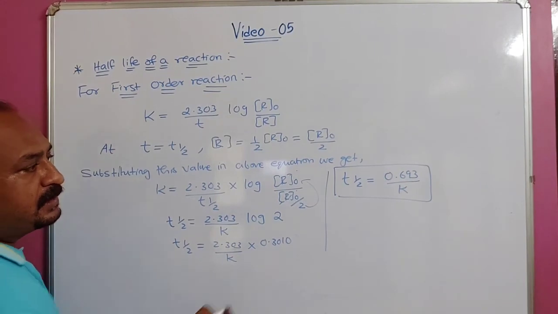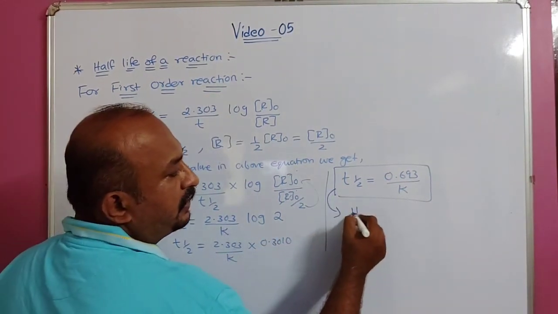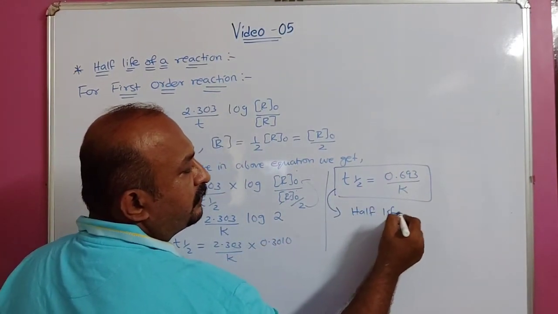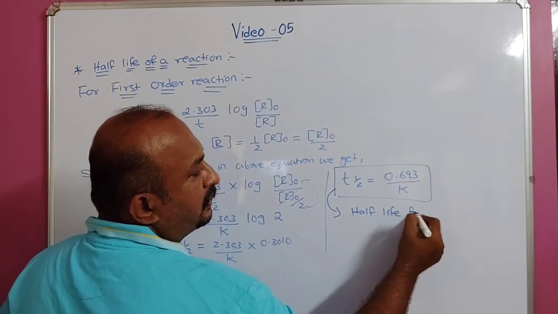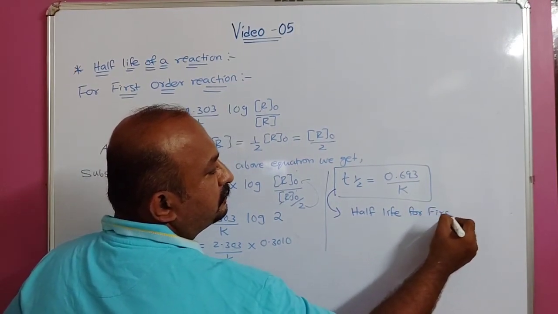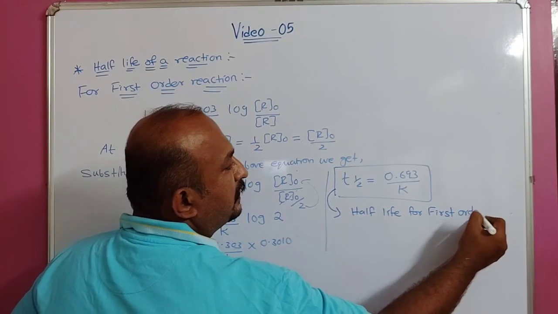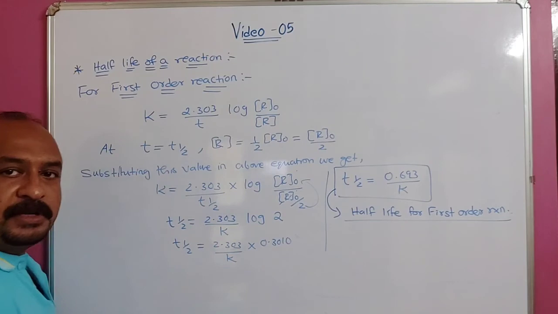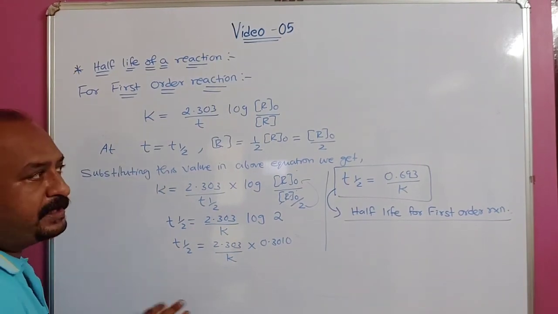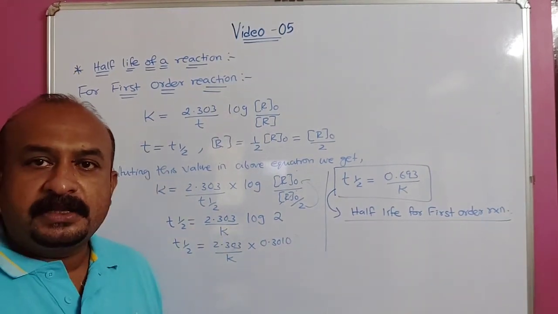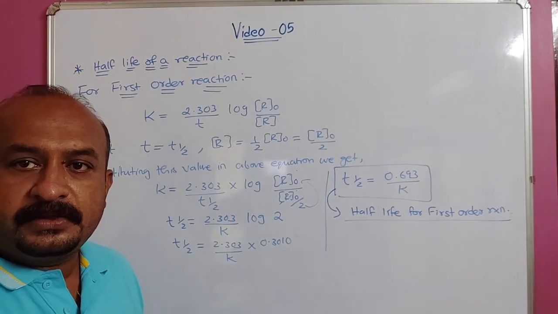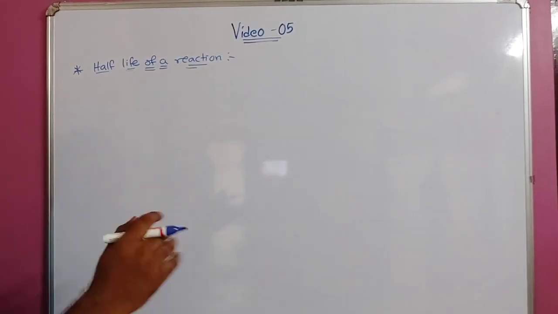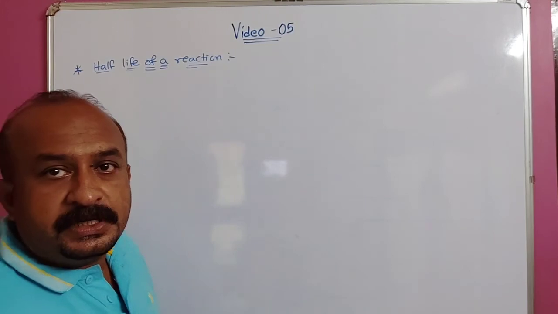So this is the formula for half-life for first order reaction. Understood? Now we will revise what we have studied till now.